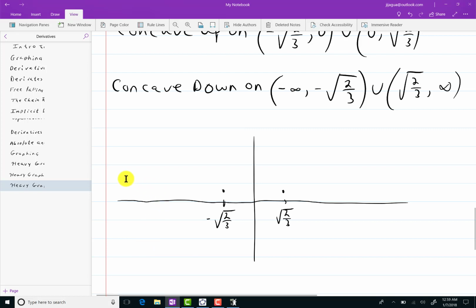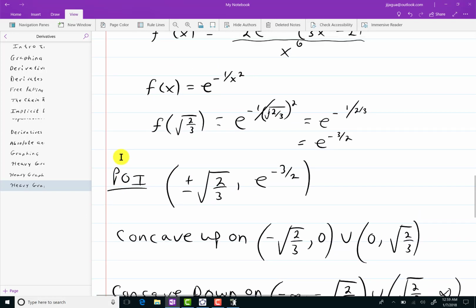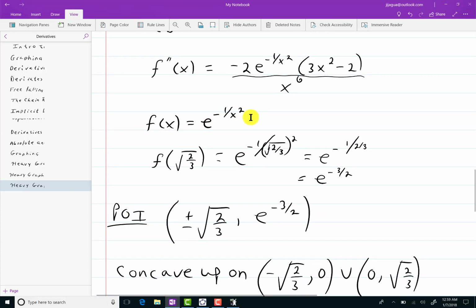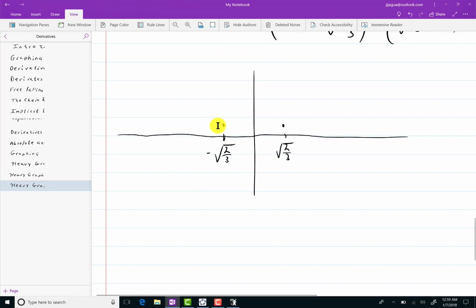Now, what happens at 0 or around 0? What happens in here? Well, you should know this. The limit as x goes to 0 of negative 1 over x squared equals negative infinity. Because if you come to 0 from the left to the right, the square is going to make it positive, but this negative will make it negative.